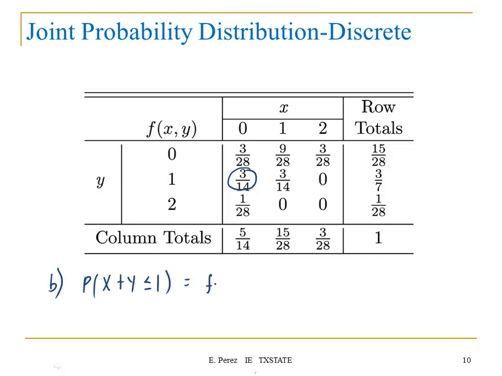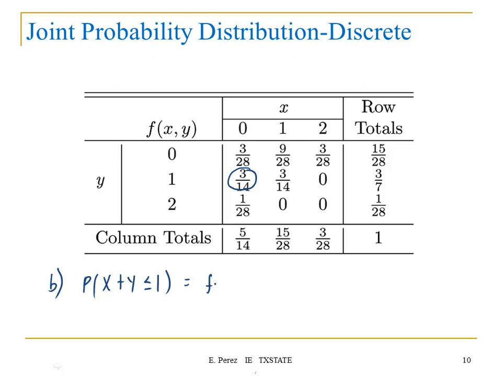When is that happening? That only happens when you have 0, 0 for X and Y, you have 1 for X and 0 for Y, or you have 0 for X and 1 for Y. So you have only 3 cases in which you can have X plus Y less than or equal to 1.